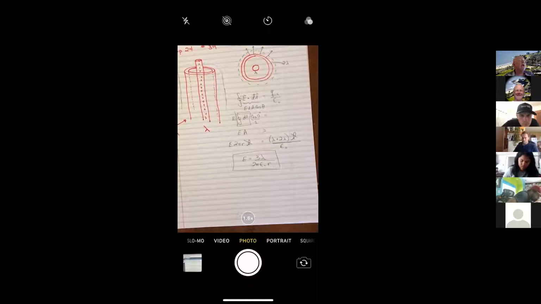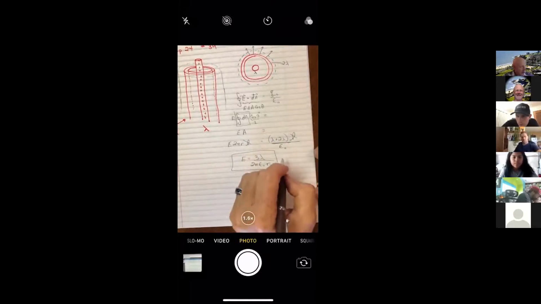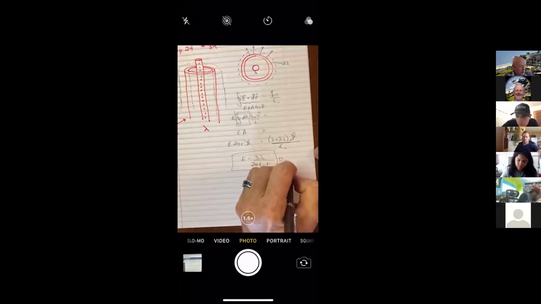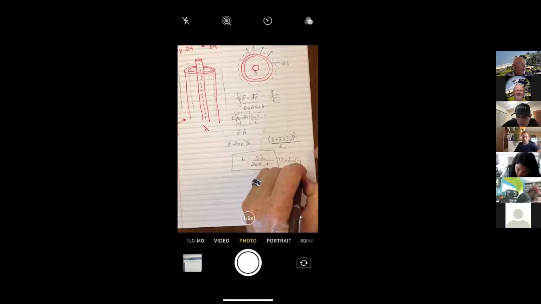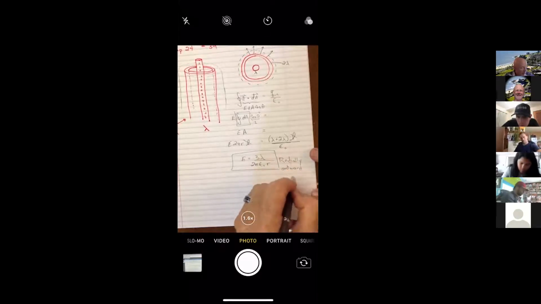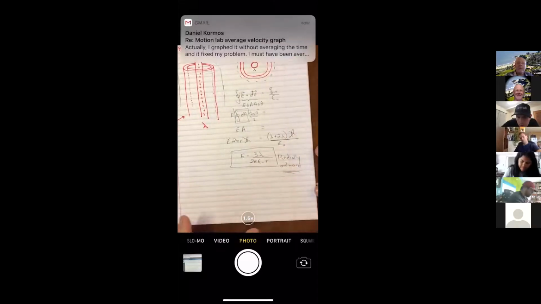And in fact, before I go back to part A, let me scan down the solutions and see, did I get what they got? Yeah. Oh, now they did say radially outward. So I implied that while I was doing the solution, but I should come back here and write it at the solution level.